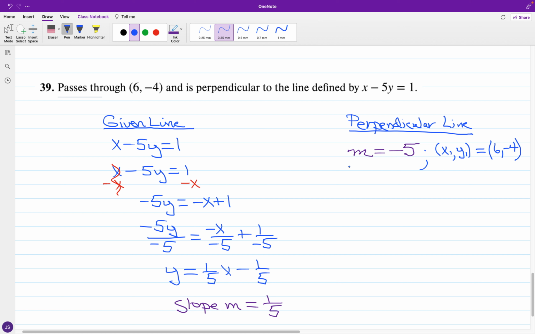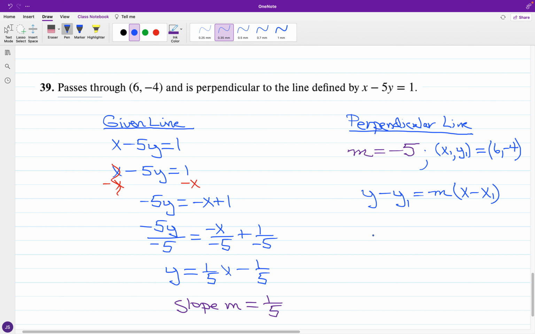And so we have the tools at hand to be able to create the point slope equation. Okay, and being careful with the substituting.